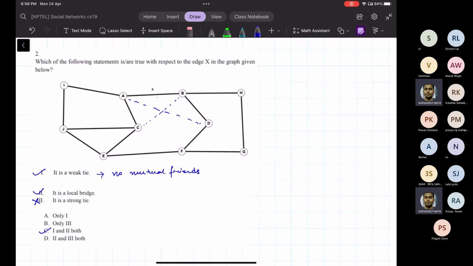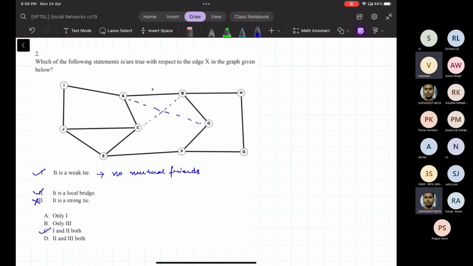So if these two were friends, then it probably could have been a strong tie. If we connect C to B or D to A, it means there must exist a strong tie between A and B. You're right. Okay, sir. Thank you.